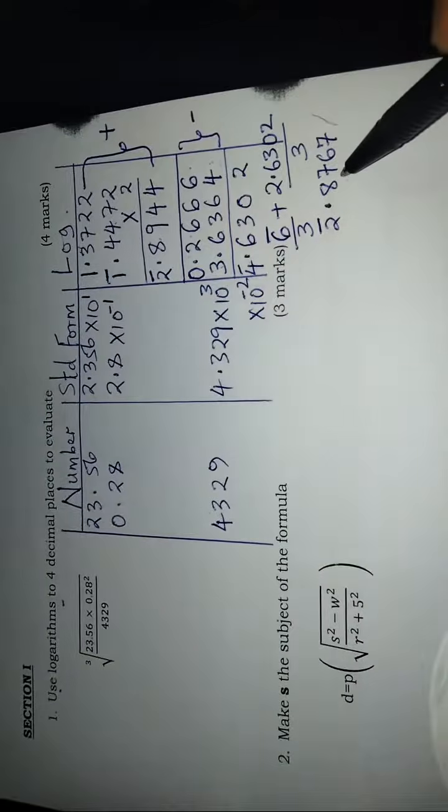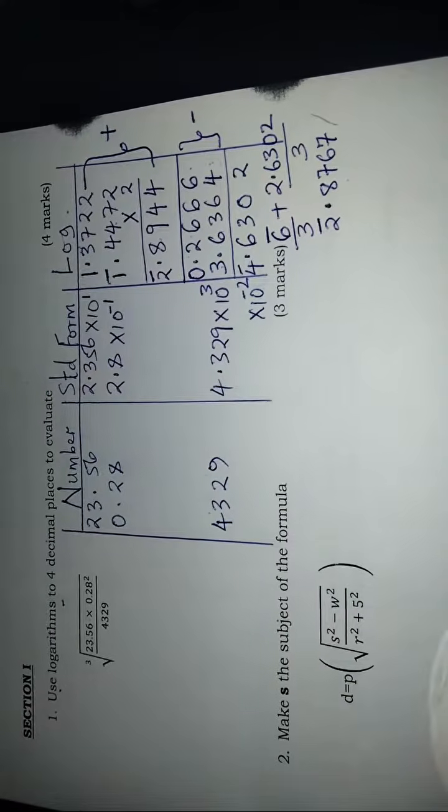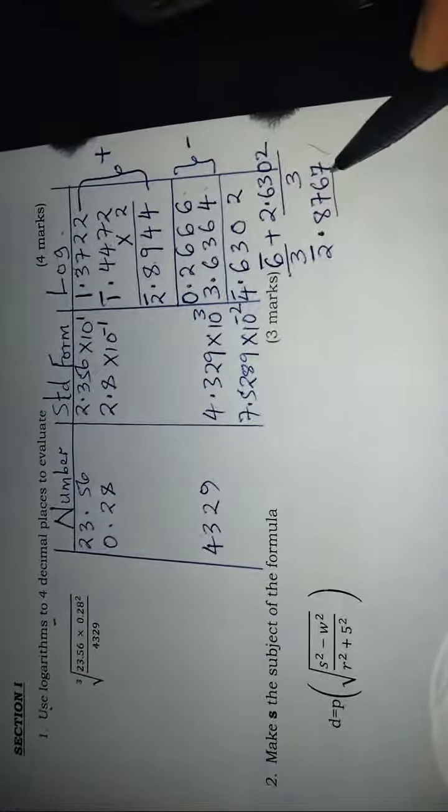Then now the antilog of this value. Therefore, shift log of this value, and I'm getting 7.5289. So this is the antilog of this part.